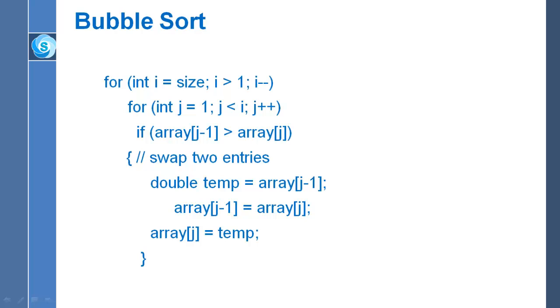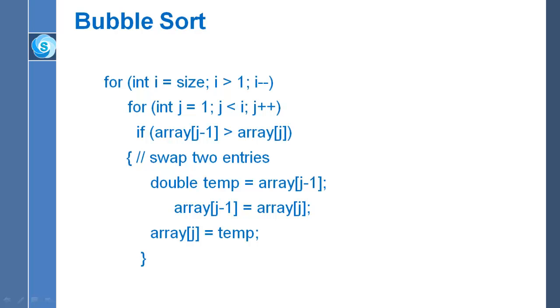Take that inner loop: it says for int j equals 1, j less than i, j plus plus. You're certainly allowed to follow that with a pair of curly brackets and put the next 6 lines inside those curly brackets.